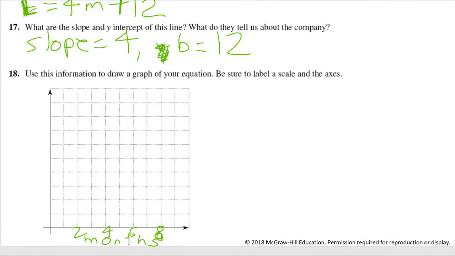I'm going to say 1 line is 20 employees. So 2 lines is 40. Actually, I'm sorry, if I go by fives, it won't be enough. 1 line is 10 employees, 20 employees, 30 employees, 40 employees, and then 50 employees and 60 employees. And I'll go ahead and put in the 80, even though we know we're not going to need it. I'm going to start both of the axes out at 0.